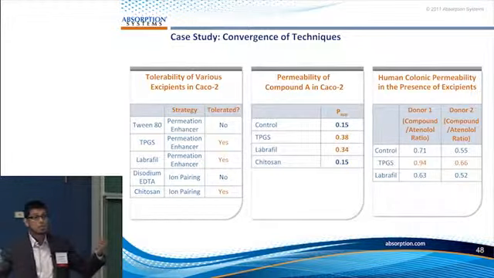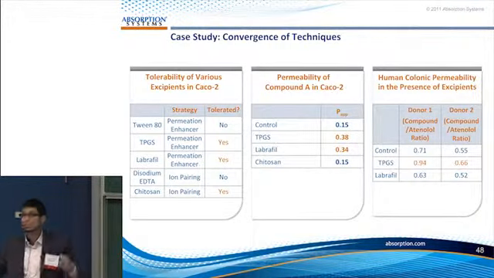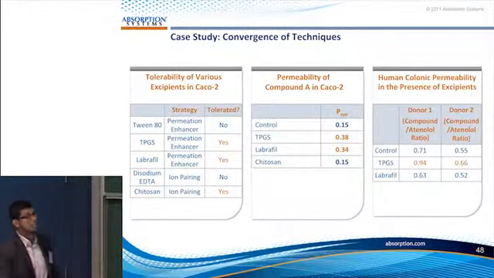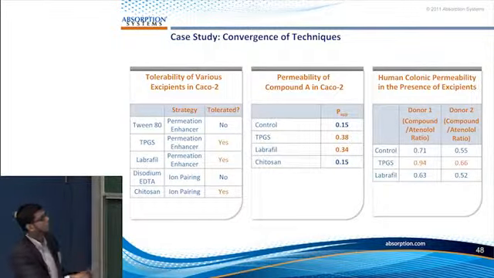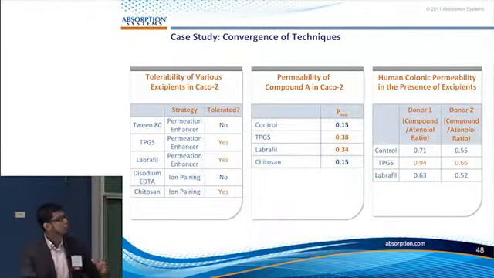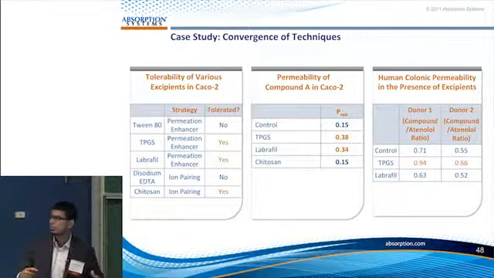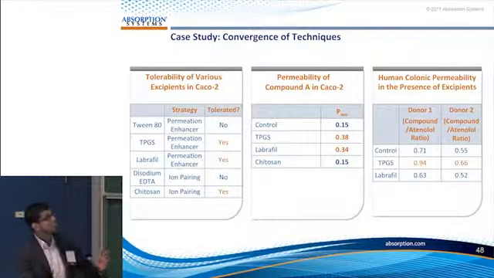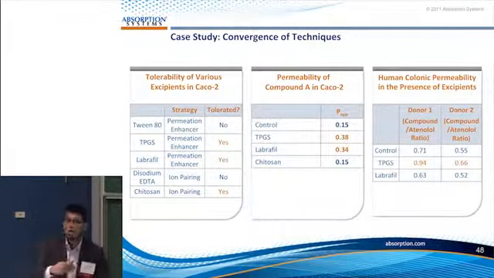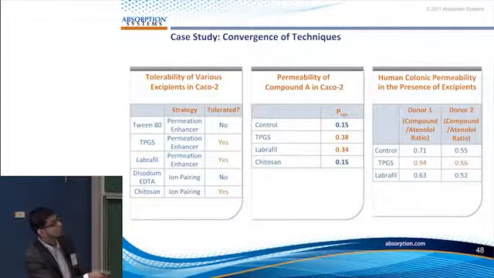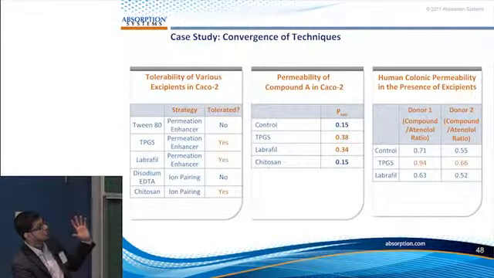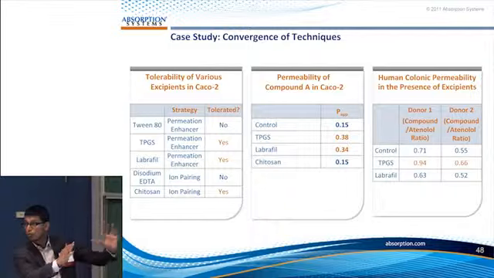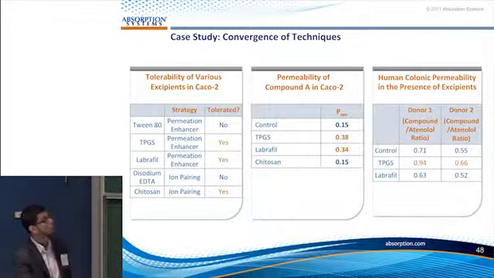How do I go about improving its permeation, because oral delivery is what you're going after. As a first pass screen, KCO2 may not be a bad idea, because you already know that you're looking at some permeation enhancers, maybe some ion pairing to try and get it across. But of course, KCO2 being a monolayer has some tolerability issues. So in the first pass, you recognize that maybe 3 of these excipients can move forward. A couple of other ones did not work as well.